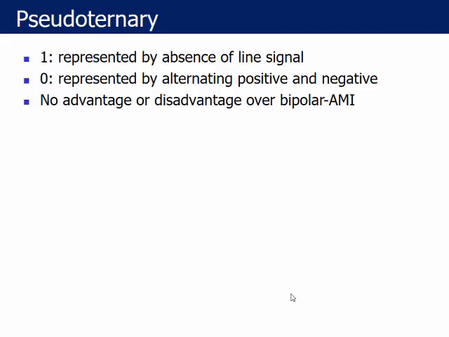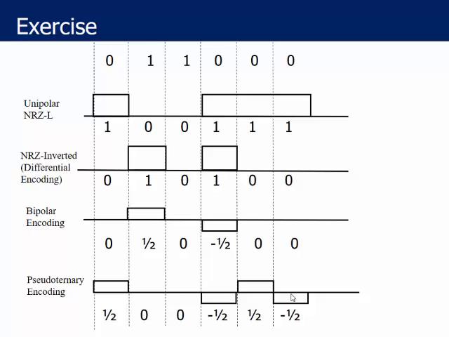And another one is pseudo-ternary. One is represented by absence of line signal, 0 represented by alternating positive and negative. So it is like this. 1 means there are no values.